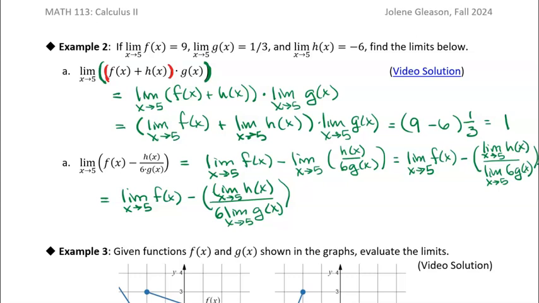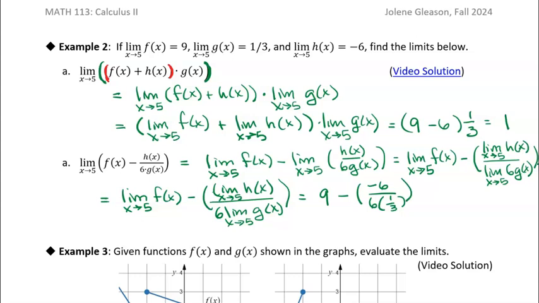I have the limit of f of x, the limit of h of x, and the limit of g of x. So now we're just going to substitute those values in. So this first limit is 9, and then the limit as x approaches 5 of h of x is a negative 6. And then in the denominator, we're going to have 6 times a third, right? Because the limit as x approaches 5 of g of x is a third.